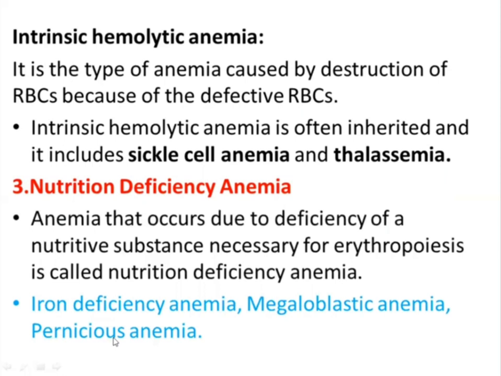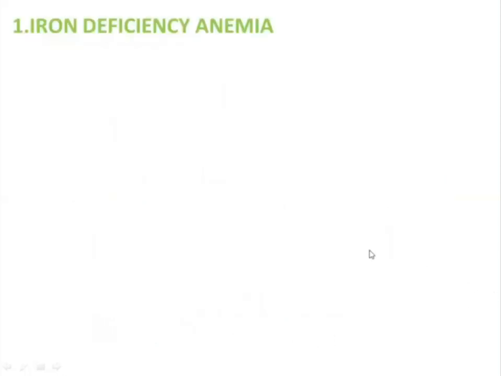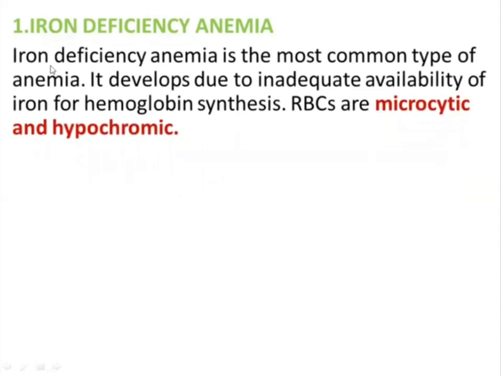These are the nutrition deficiency anemia. First, we will see the iron deficiency anemia. The iron deficiency anemia is the most common type of anemia. It develops due to the inadequate availability of iron for the hemoglobin synthesis. So RBC are microcytic and hypochromic. There is no hemoglobin, RBC become small.